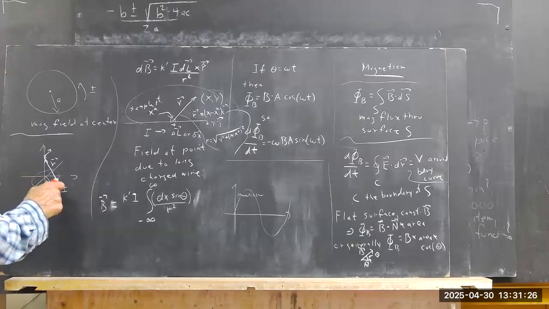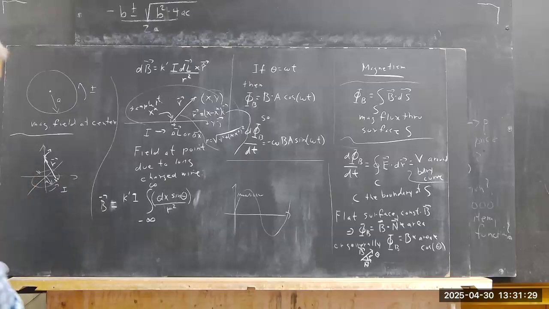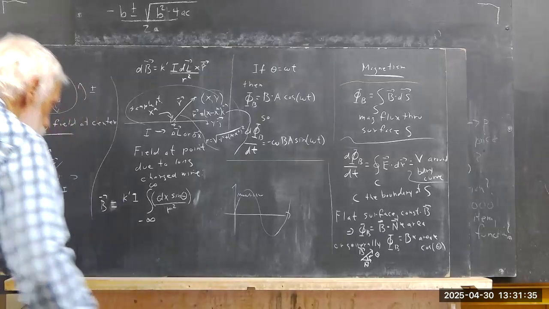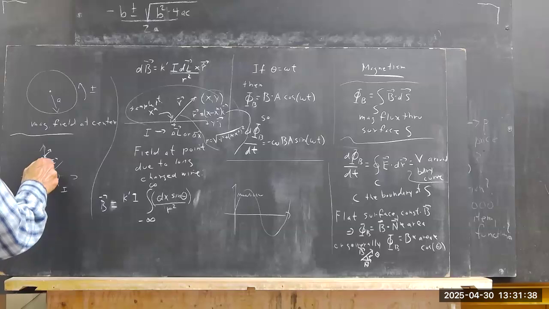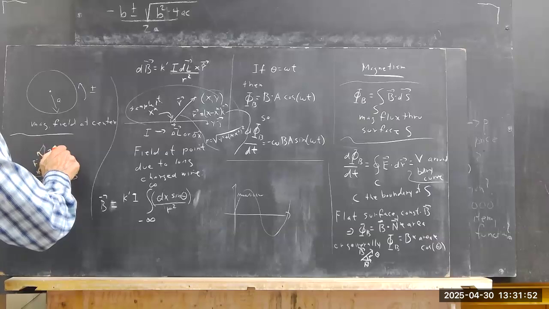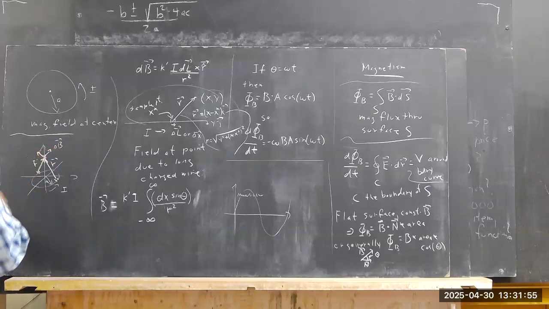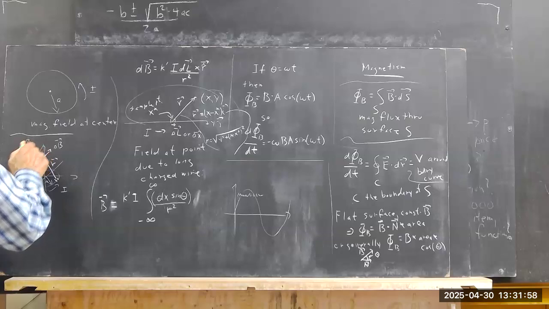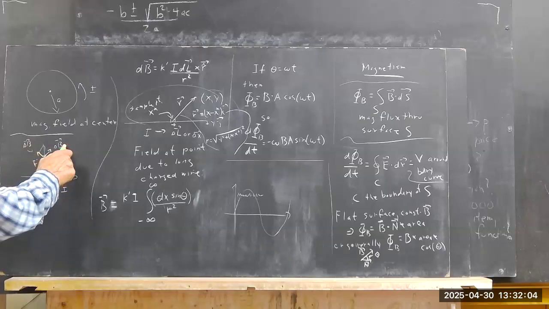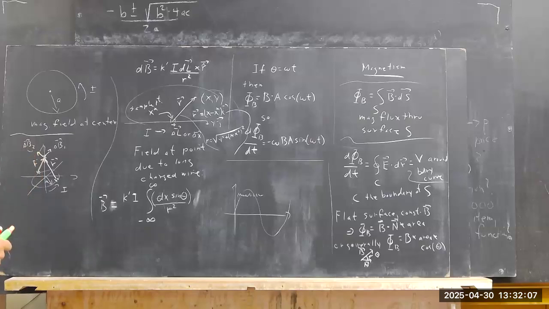If you do it from the diametrically opposed increment, with another R vector, you get another magnetic field. Here's a delta B, and here's another delta B.